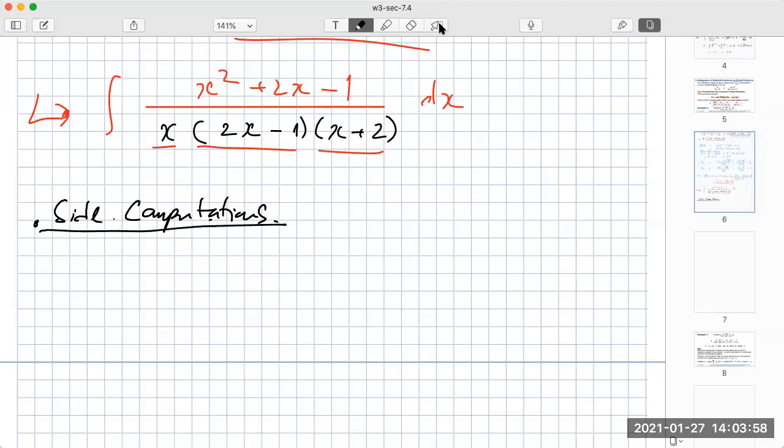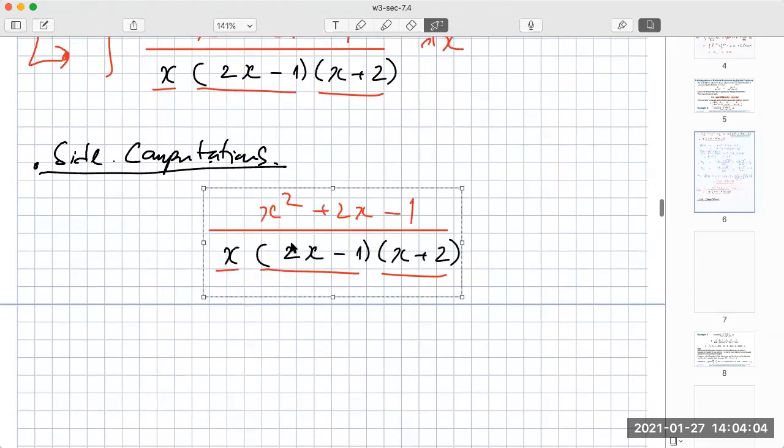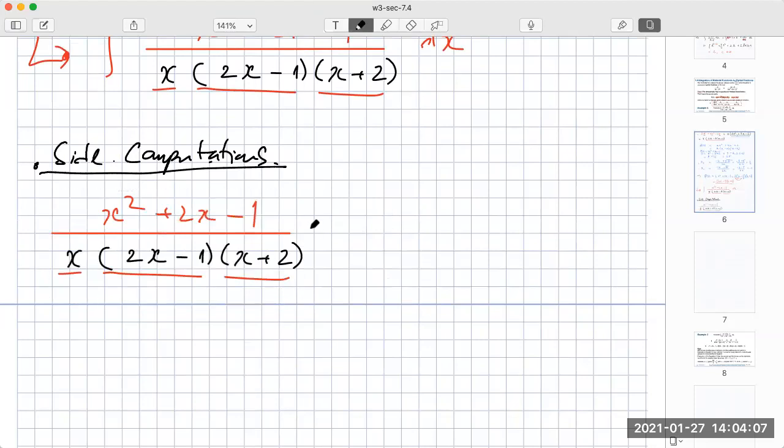So we can write this guy as A over the first guy plus B over the second guy plus C over the third guy. Okay? They say that. And our job is to find A, B, and C. Okay? How can we do that?